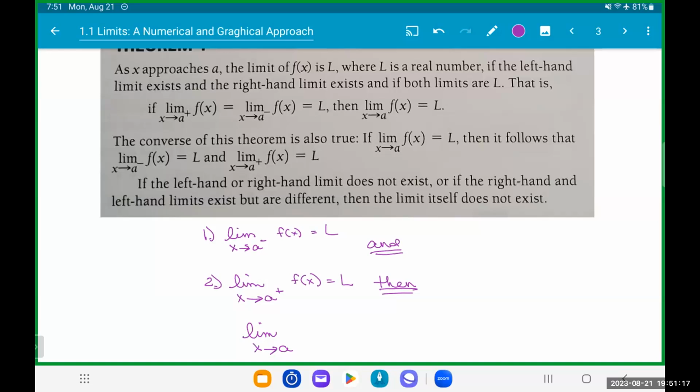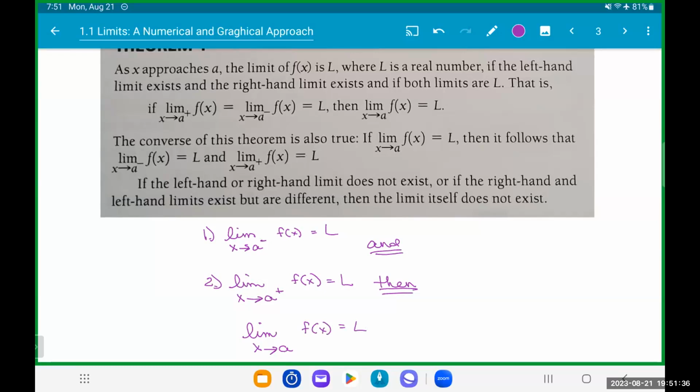If there's no plus or minus up there, that means it's true from the left and the right, both directions for this function, and it equals that value. That's really what that theorem is saying.